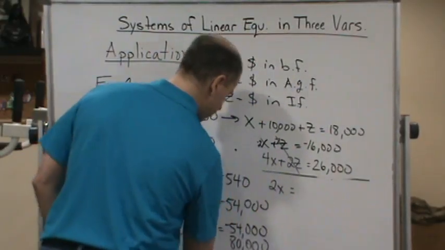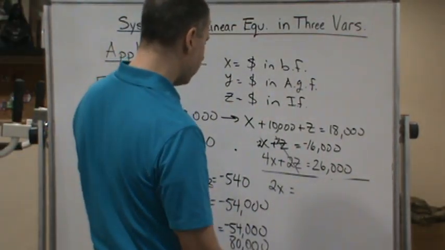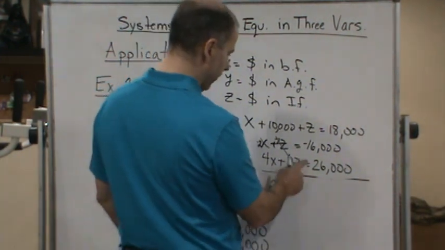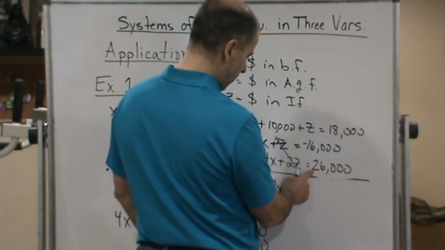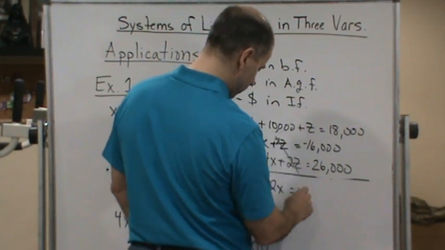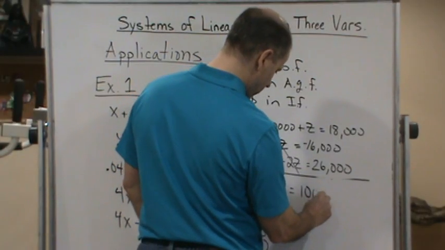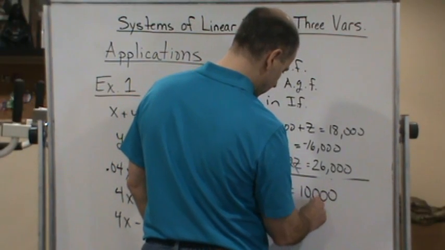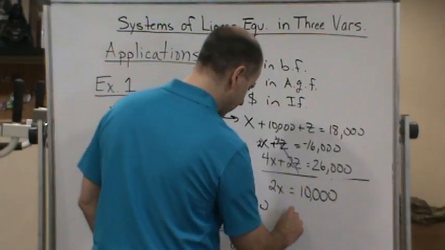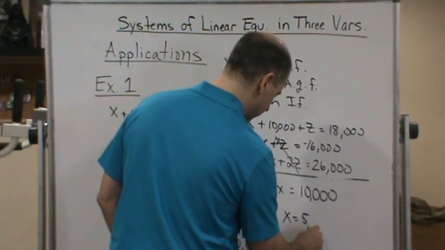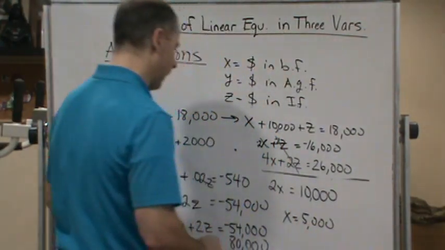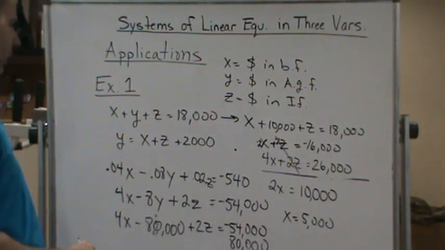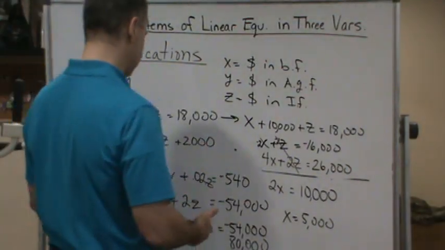2x is equal to, okay, now it's equal to 10,000. So 2x is equal to 10,000. Now this makes a lot more sense. So then x is equal to 5,000. All right, good. So now we found x.